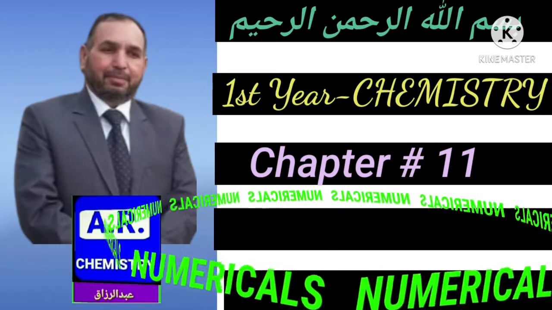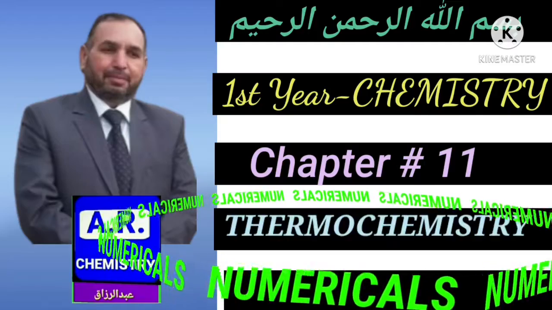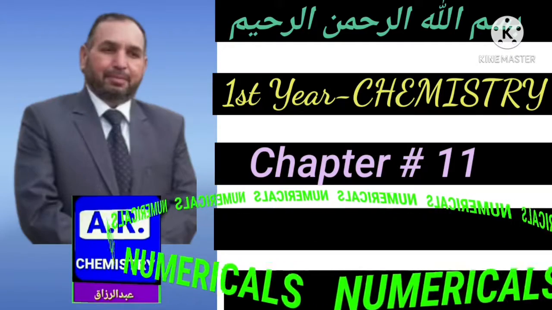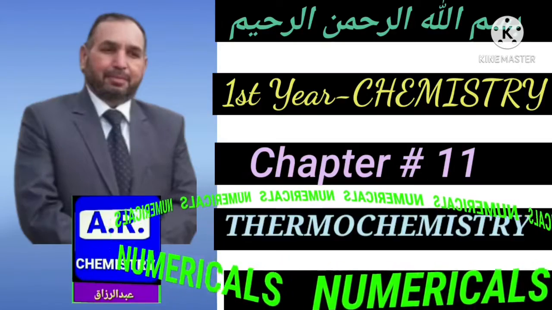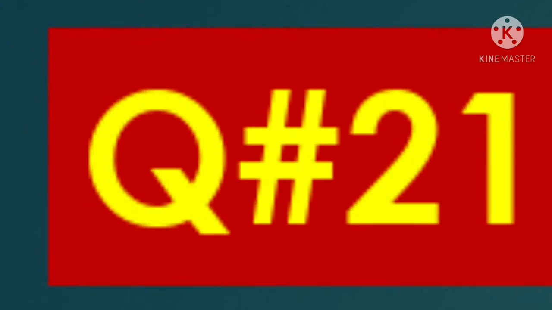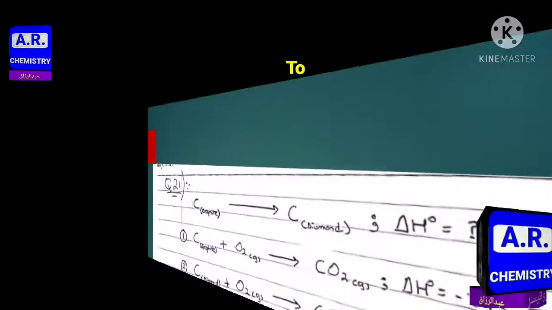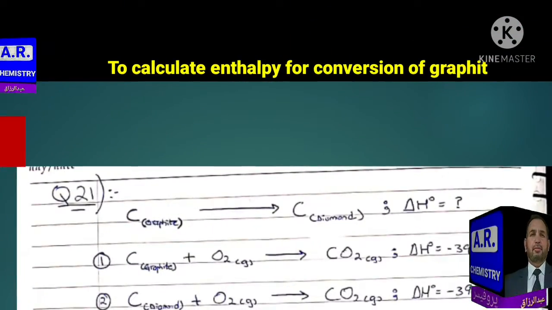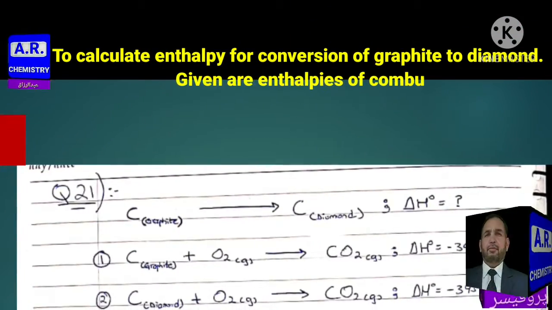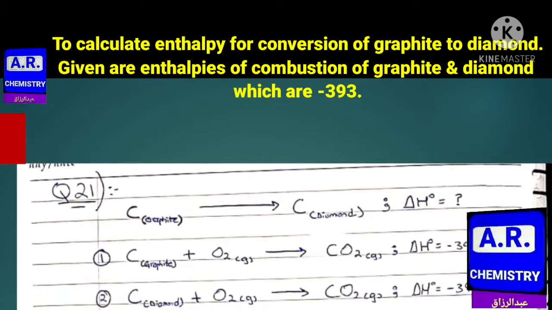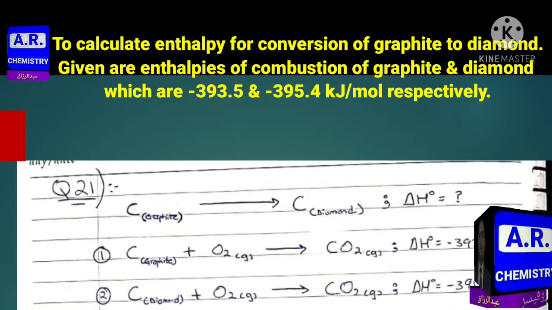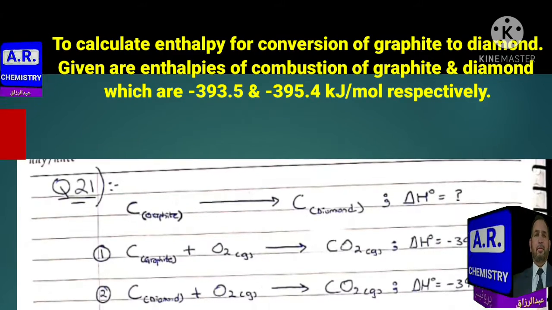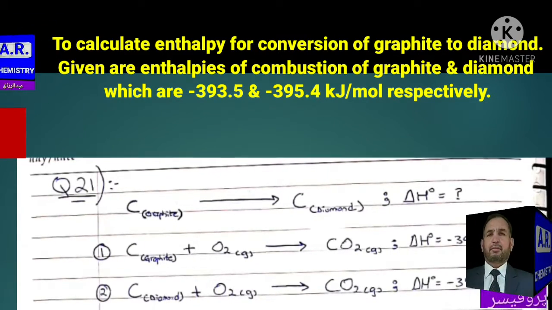Bismillahirrahmanirrahim. Numericals of thermochemistry, and today is question number 21. Dear students, in this question number 21, you are to calculate delta H for the conversion of graphite to diamond.